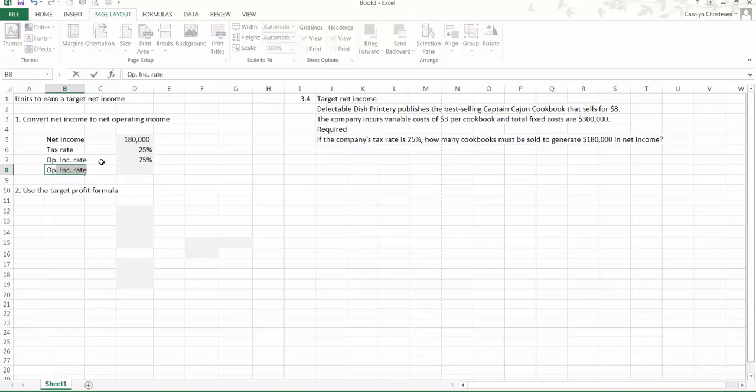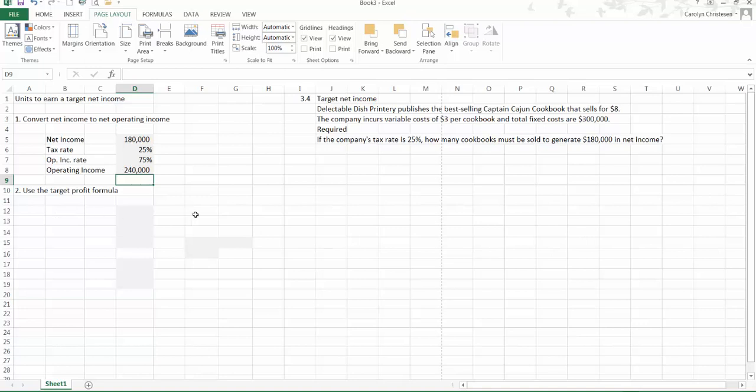So our operating income is going to be equal to the net income divided by the 75% operating income rate. So we need $240,000 in operating income in order to get $180,000 in net income. And you can go back and check that.